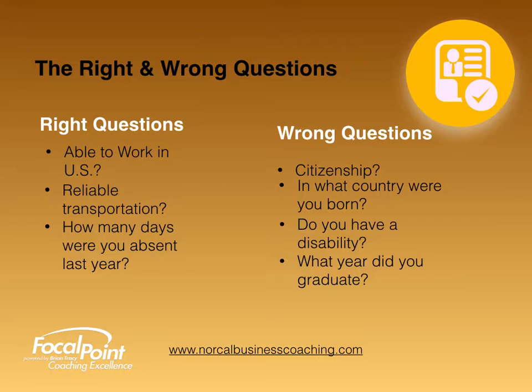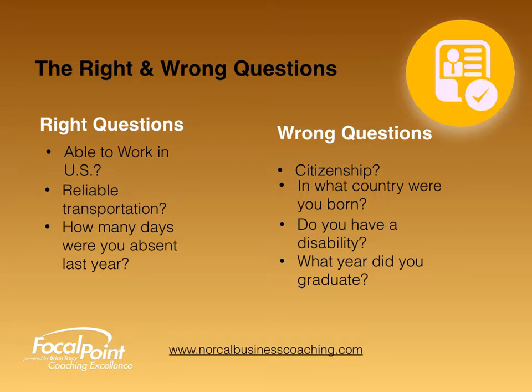Wrong questions are questions that tend to expose whether someone is in a protected class and could lead to an accusation of discrimination. So, for example, in addition to those questions listed on this slide, you cannot ask things like, do you have or are you planning to have children? Are you married? Do you go to church?